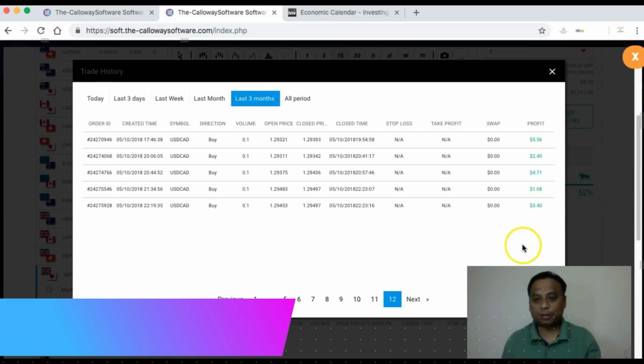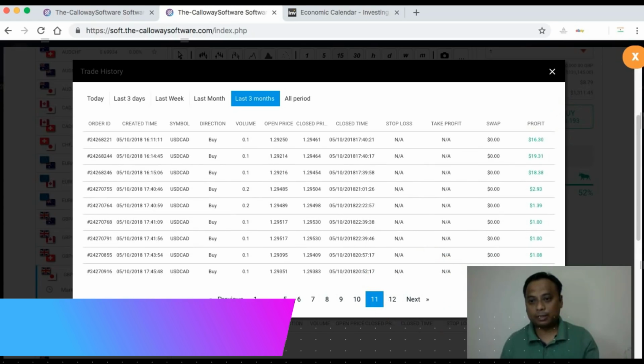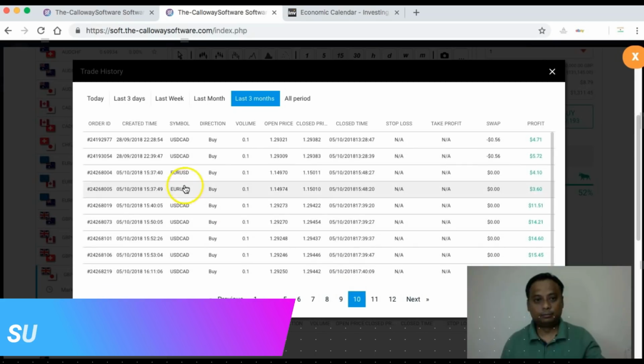If I want to see the amount of profit, roughly I'm saying around 16 here, and adding up the rest, it comes to 79, then 96, 110, 120, 129, and that is more than 144.